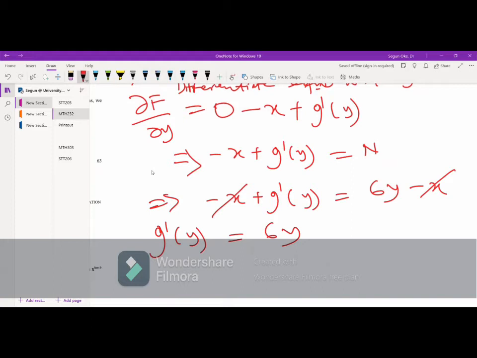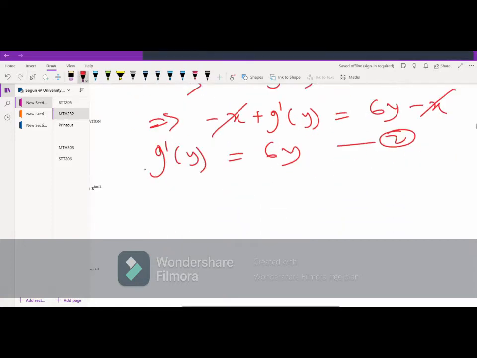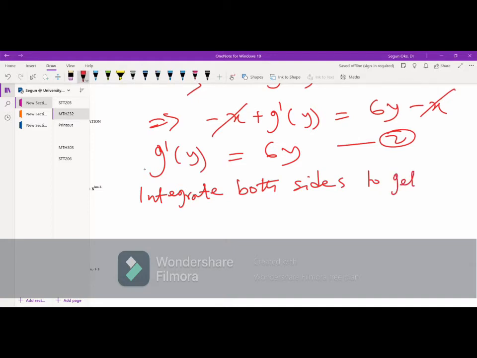How do we get g of y from here? We need to get rid of this prime, which is differential, by integrating both sides to get g of y.